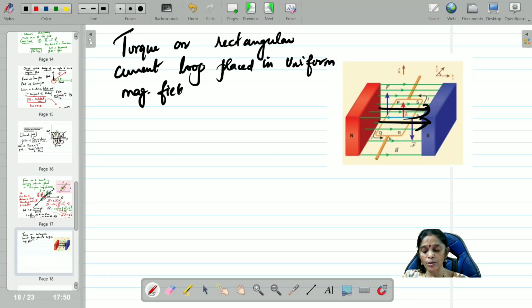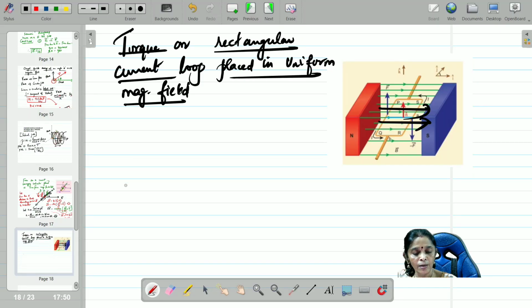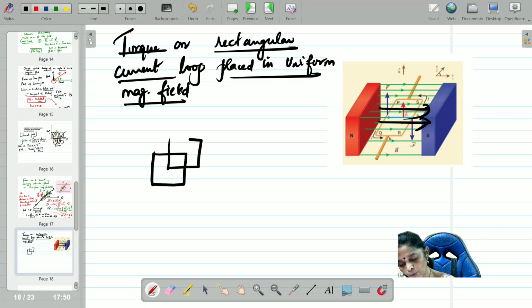It's given like that. So here, torque on a rectangular current loop placed in a uniform magnetic field. So I'm going to take a magnetic field here. I'm redrawing the same thing for your understanding.